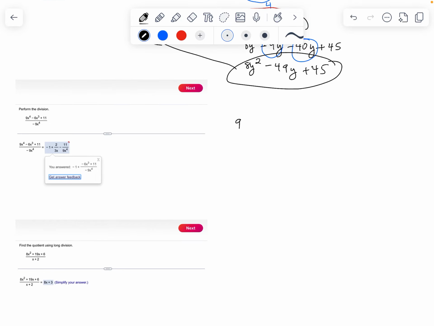Perform the division. So over here, I said you're taking the top expression, you divide it by the bottom expression. And you take each term, you divide it by that denominator.